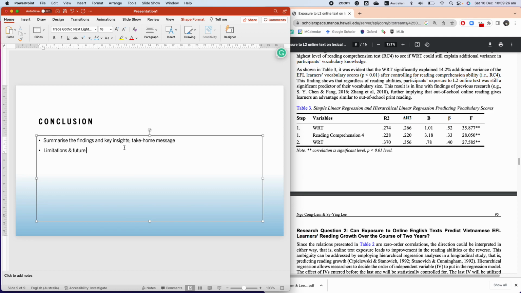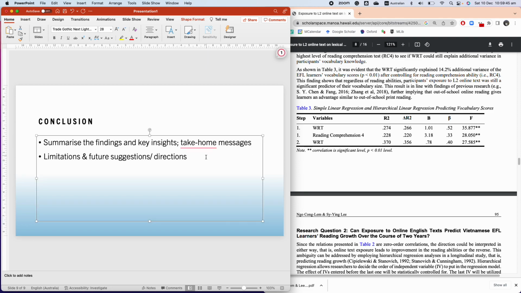Rather than the limitations, you need to talk about future suggestions or directions, like how other scholars can continue to advance the investigation into this research topic. These are the key aspects of the research paper.